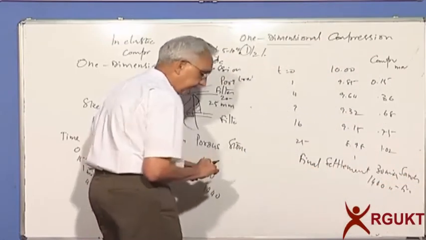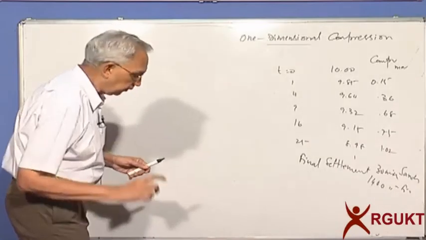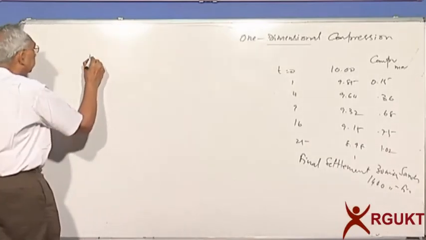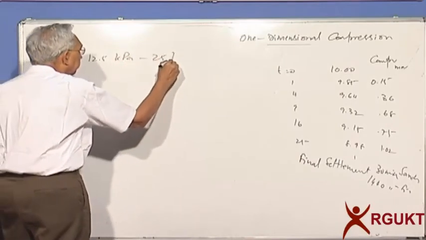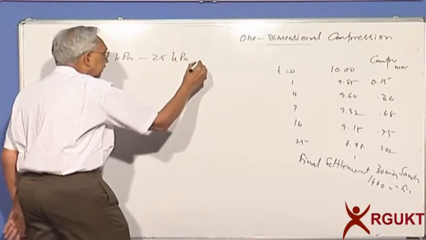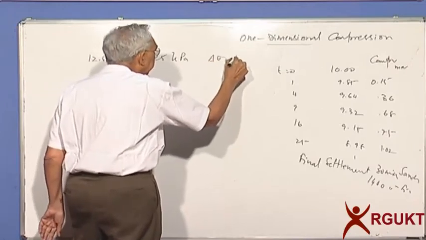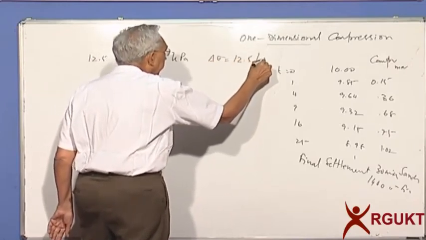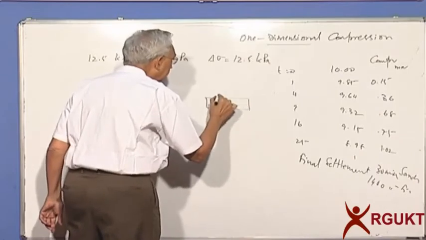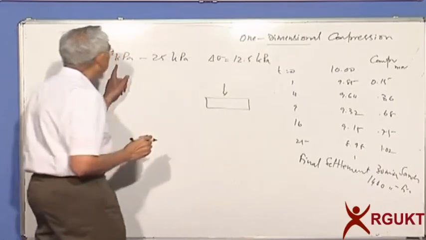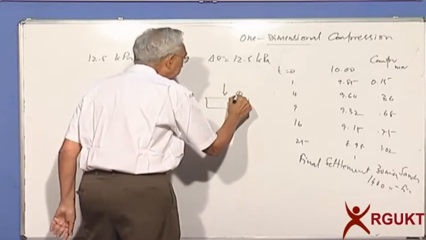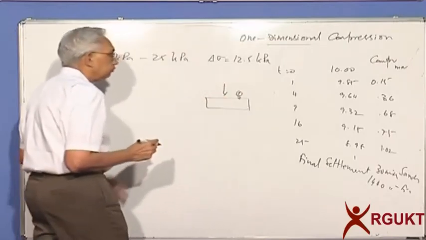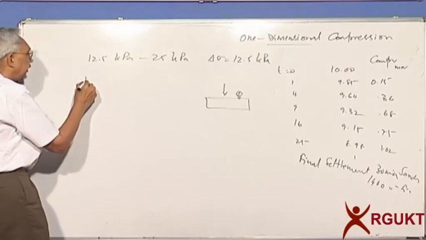So let us say we increase the load from say 12.5 kPa to 25 kPa. So can I say the delta sigma is equal to 12.5 kPa. On the sample, you have increased the load from 12.5 to 25, and then you have put the dial gauge, which gave me the reading of, let's say, 1.1 millimeter.